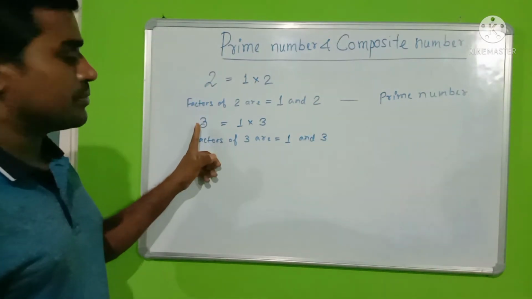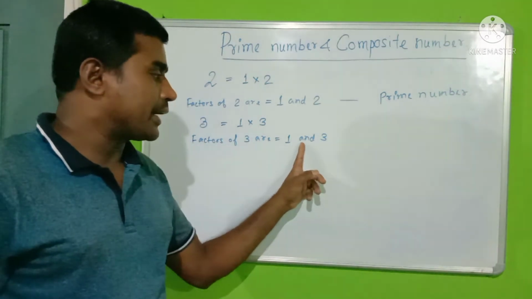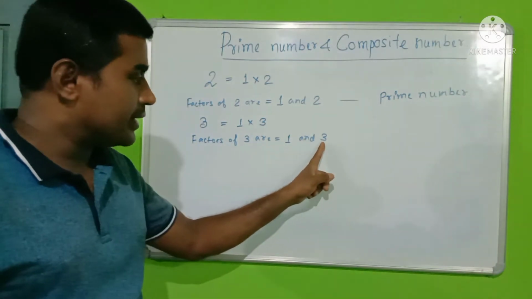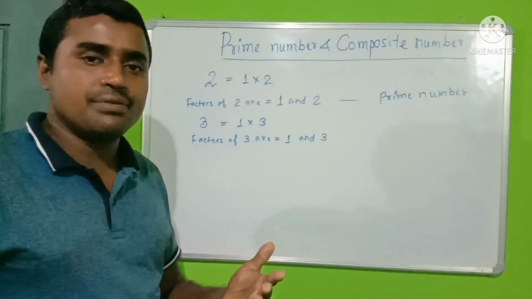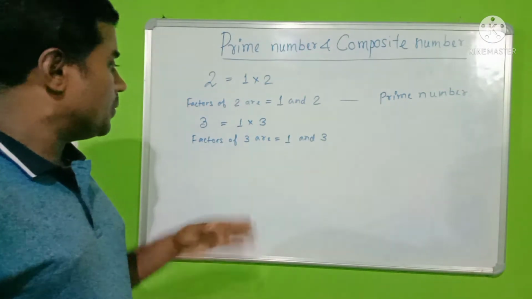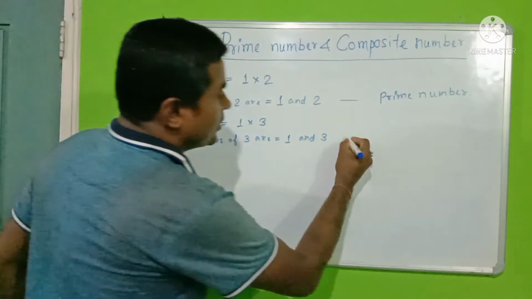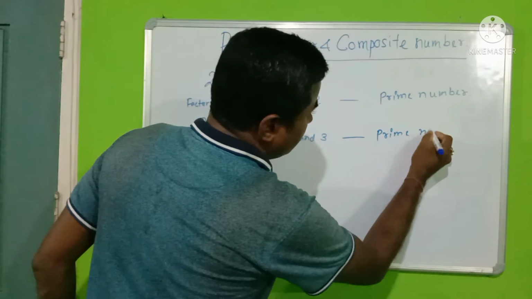Again, in case of 3, you observe how many factors of 3? There are two factors of 3. They are 1 and 3, that means 1 and the number 3 itself. So 3 is also a prime number.